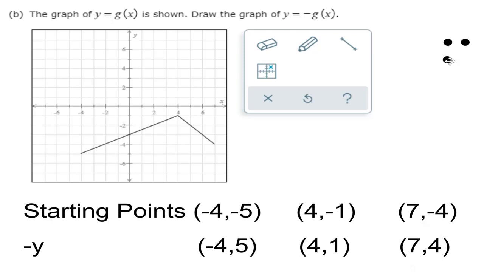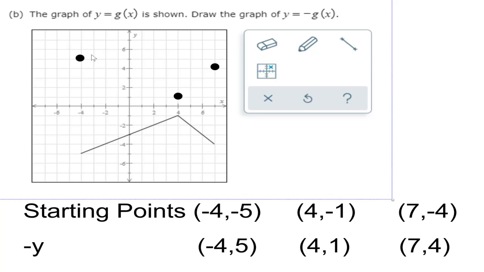I'm now going to graph those 3 points. So I've got negative 4 and 5. And then I've got 4 and 1. Then I've got 7 and 4.